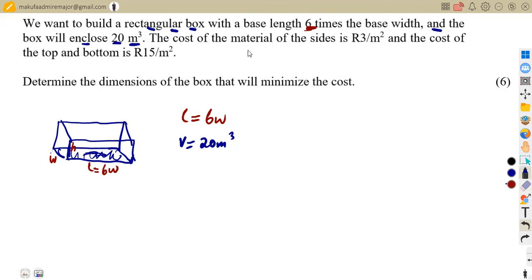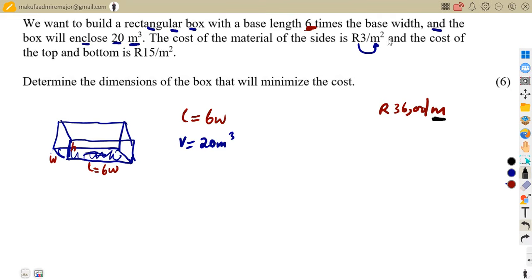Then the cost of the material for the sides: take note of how the cost is given, 3 rand per square meter. What are we talking about here? Square meter. We are talking about area, not per length. Last time it was a cost like 36 rand per meter. That was the cost per length, per meter.